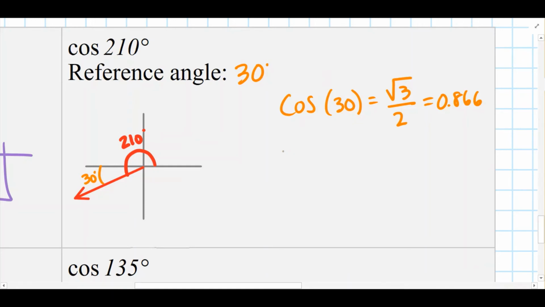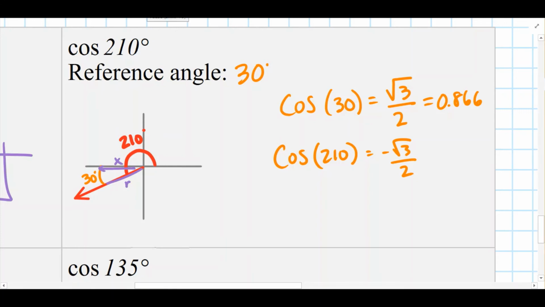The sign of cosine of 210 degrees is negative, since the x value in the third quadrant is negative, while the r value is positive.